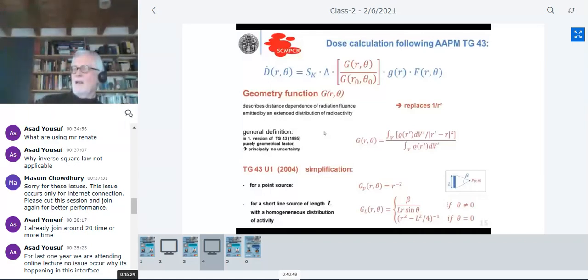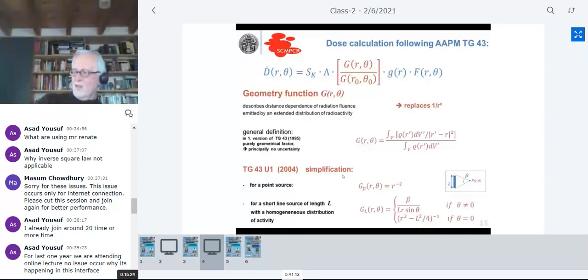And what TG43 actually uses are these equations down here, which is actually what you call the solid angle under which the point here sees the source.